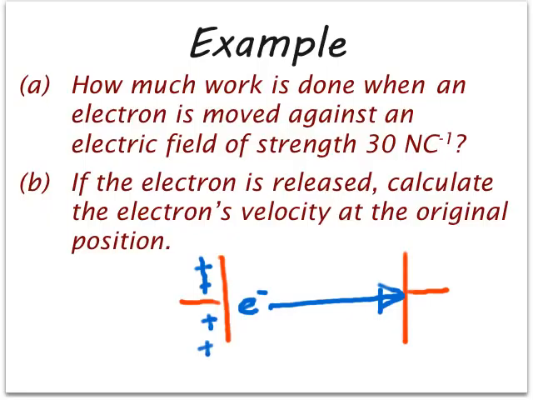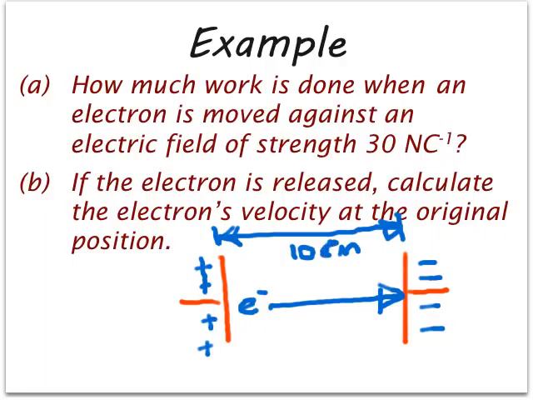Now, if we say the distance it's going to move is equal to 10 centimeters, then we can work out A, how much work is done when an electron is moved against an electric field of strength 30 newtons per coulomb.